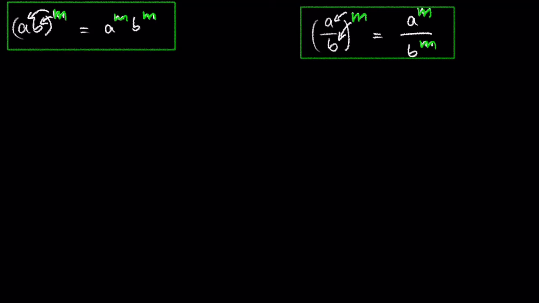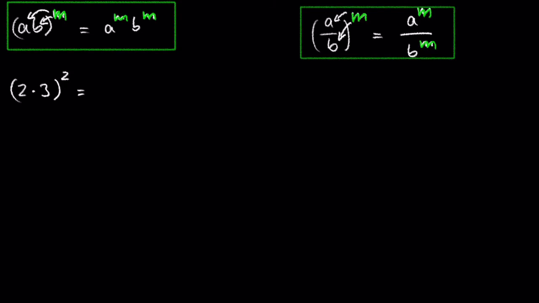Compared to the multiplication and division laws before, here the bases are different. The exponents are the same. Let's do an example for each of these last two laws. How can we write the product of 2 times 3 raised to the second power with the power of the product law?